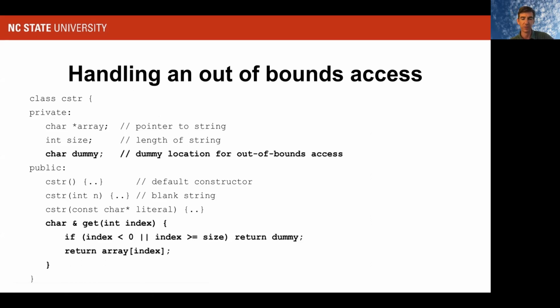If the index is out of range, I return a reference to the dummy field rather than somewhere in my array. They can write to this dummy location all they want if they're giving me a bad index. They should know better than to give me an index outside the bounds of the array. But if the bound is legal, I return a reference to the actual, legal location in the array they wanted. And this fulfills the requirements I wanted from this function.